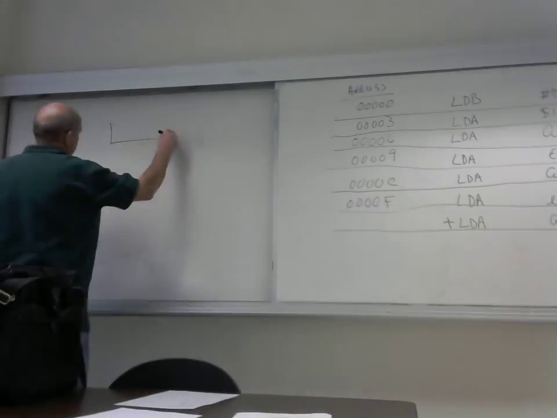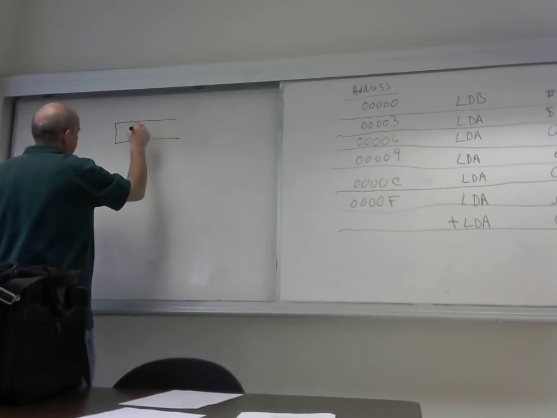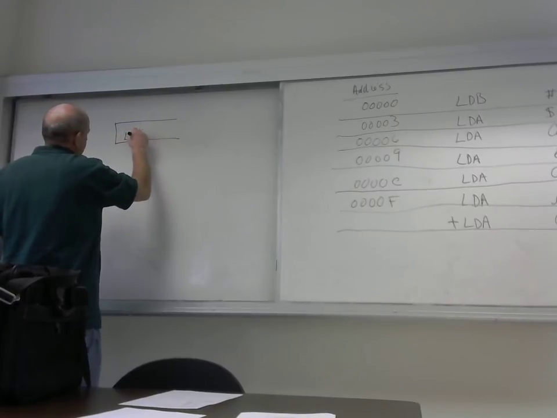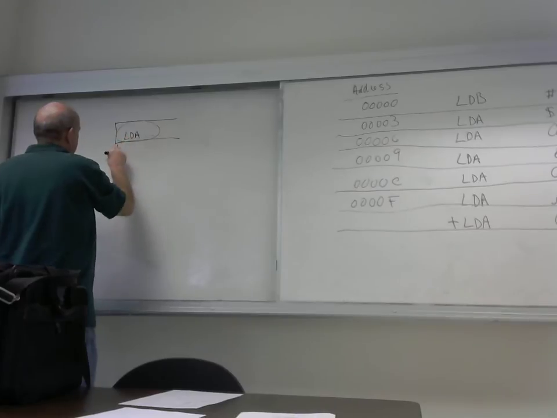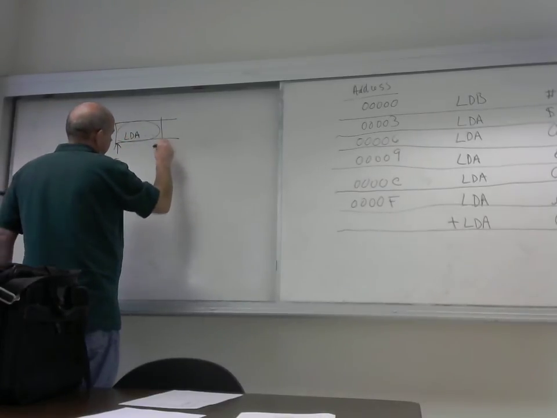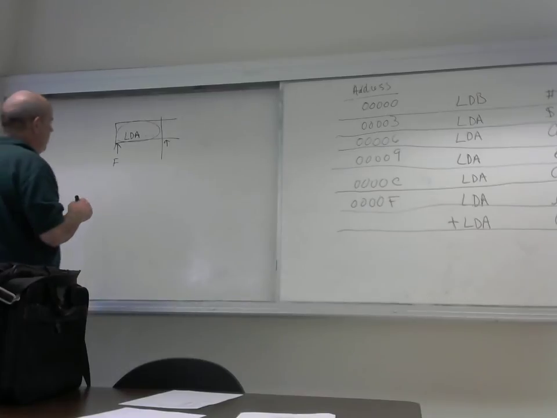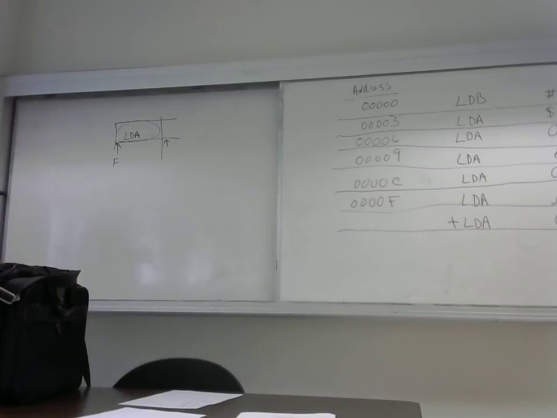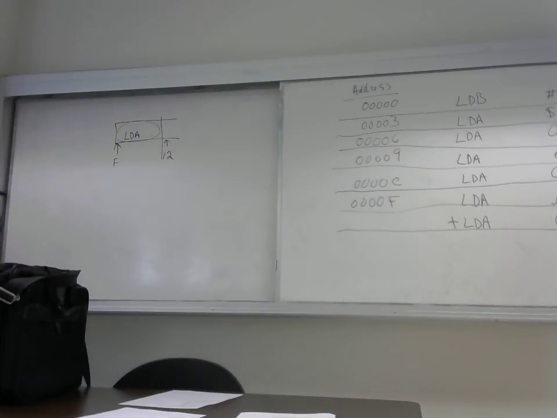So in this scenario, you've got the instruction here, LDA, whatever. That's this instruction right here, and it starts at F. Therefore, the start of the next instruction after that is how many more? It's 3 more. So this is 1, 2.